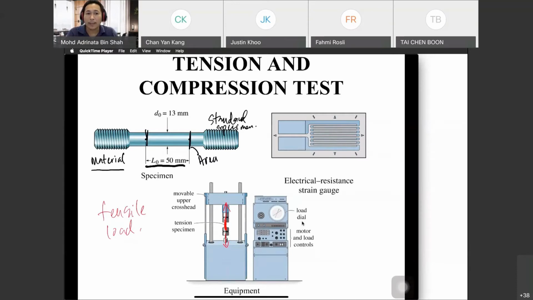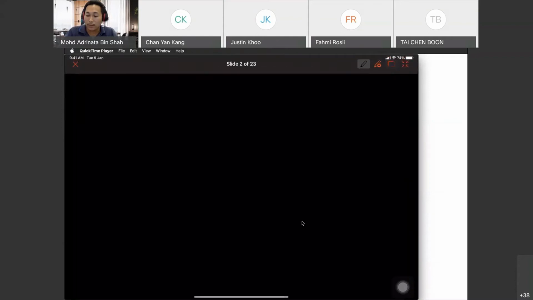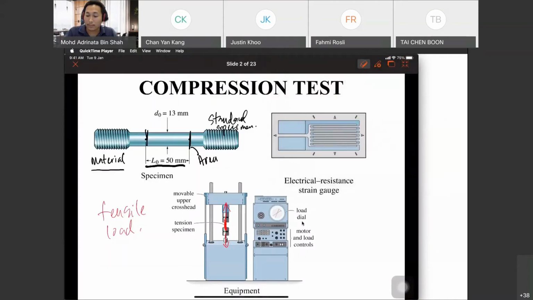You can change the material. You can draw your graph of stress strain. This is called the strain gauge.